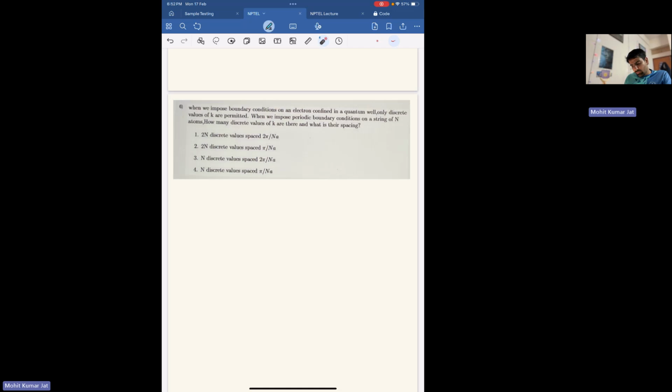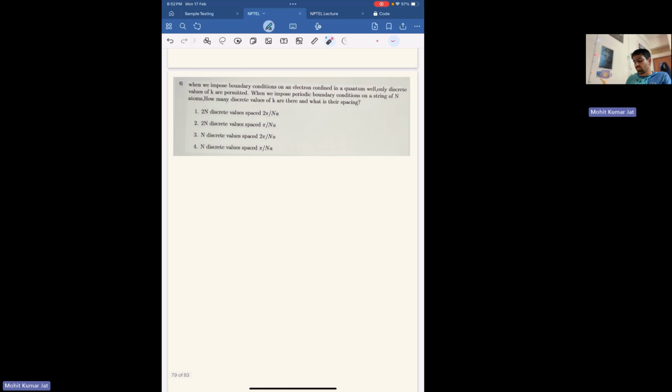We know that, and we also know what the k values are. These are n pi by L, right? In a 1D box, we all know it's the classical quantum mechanics problem. Now, when we impose periodic boundary condition on a string of n atoms, how many discrete values of k are there and what is their spacing?